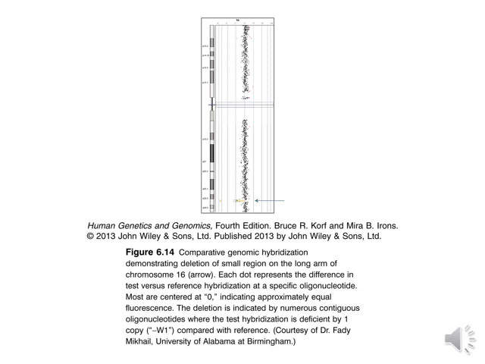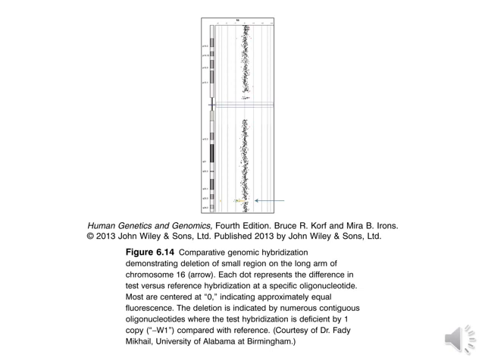This slide is showing, in comparative genomic hybridization, the deletion of a small region on the long arm of chromosome 16, which you can see there with the arrow. Each dot represents the difference in the test versus reference hybridization at a specific oligonucleotide. Most are centered at 0, indicating approximately equal fluorescence.